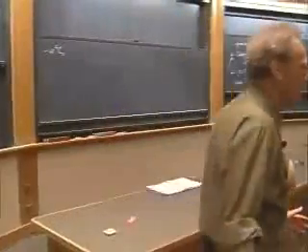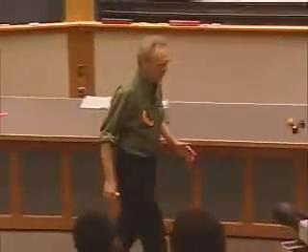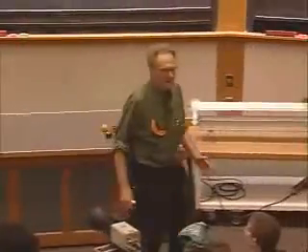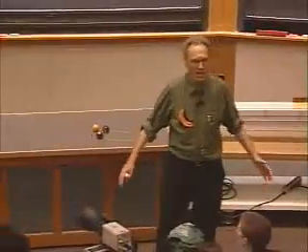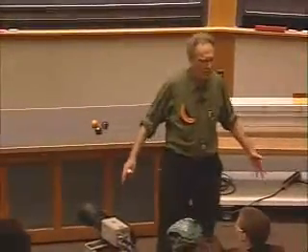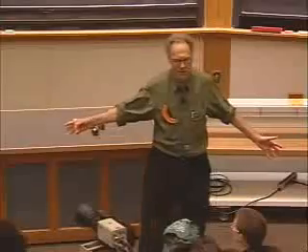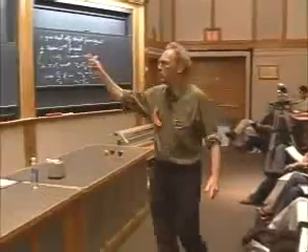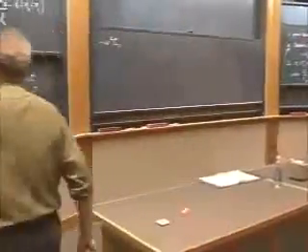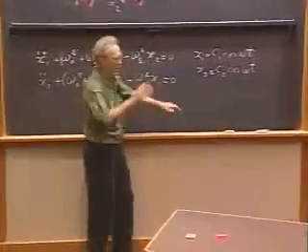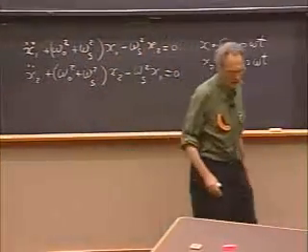Why the hell with cosine omega t? Because every term will have cosine omega t, so you might as well divide it out right away. Every term in here will have a cosine omega t in it, so I'll leave the cosine omega t out now.